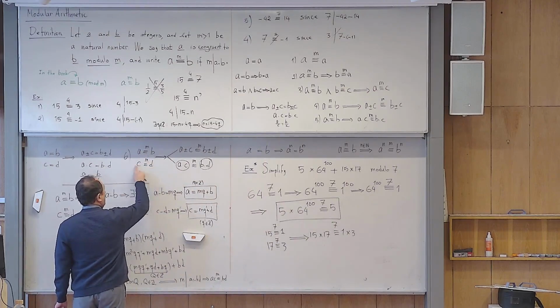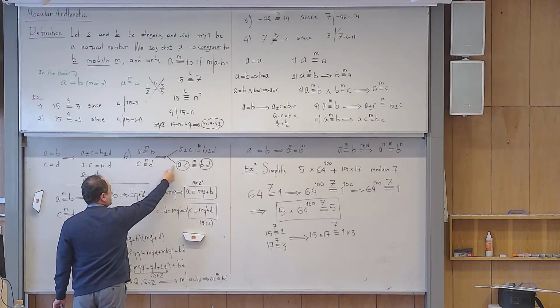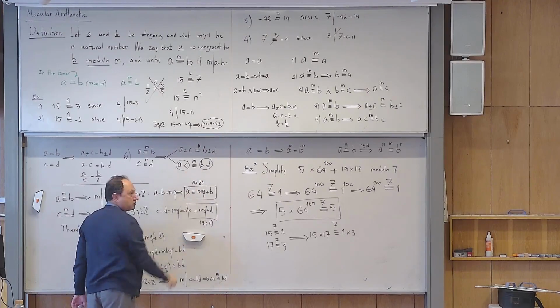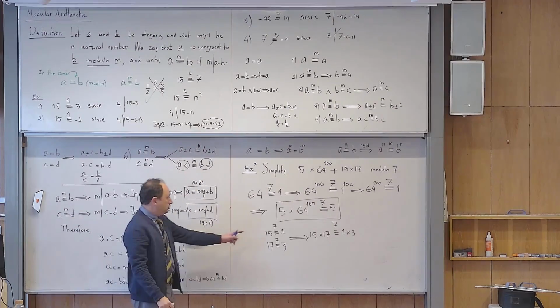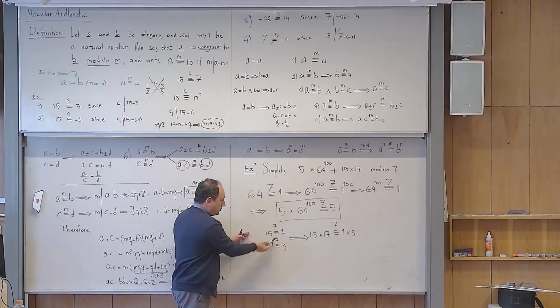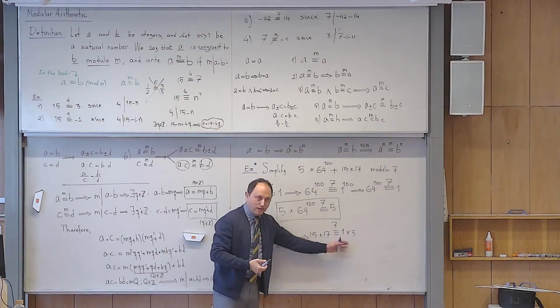If I have two congruencies in the same modulus, if I want to, I can multiply the left-hand sides, I can multiply the right-hand sides, and I am sure that this is true again. Okay? So you are certain about this, you checked it manually by hand, you are certain about this, you checked it, and according to this theorem, I can multiply them side by side, and according to that theorem, this remains valid.